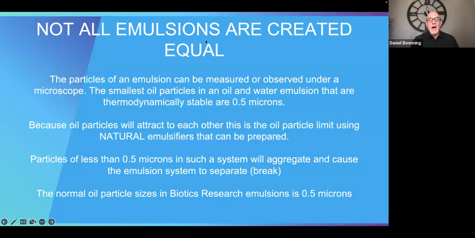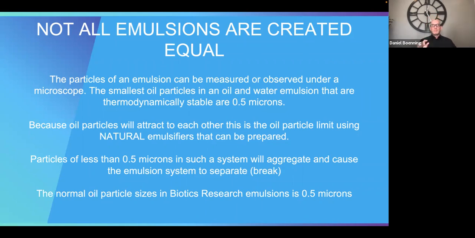Here it is. Not all emulsions are created equal. The particles of an emulsion can be measured or observed under a microscope. The smallest oil particle in an oil-water emulsion that is thermodynamically stable is 0.5 microns. Because oil particles will attract to each other, this is the oil particle limit using natural emulsifiers that can be prepared.